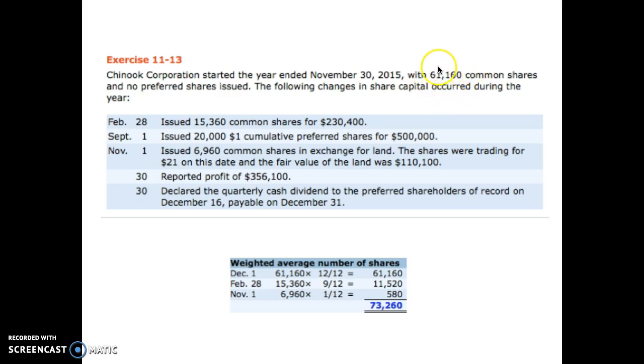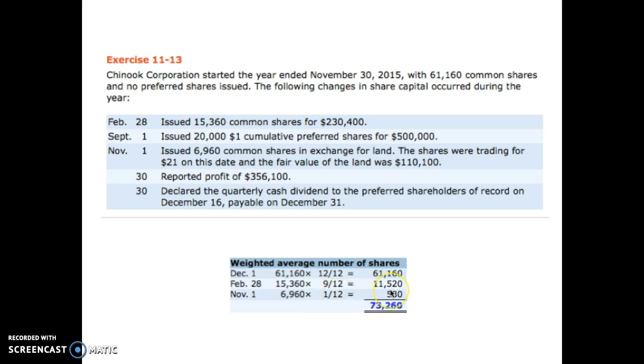I began my year with 61,160 outstanding common shares, and I issued 15,000 on Feb 28th and 6,009 on November 1st. So given that our year end is November 30th, I issued shares on Feb 28th. Those shares were outstanding for 9 months. And the shares that I issued on November 1st were outstanding for 1 month.